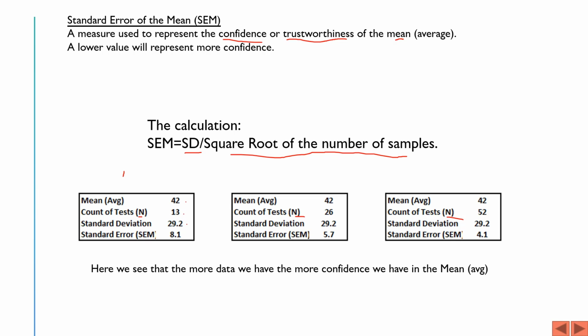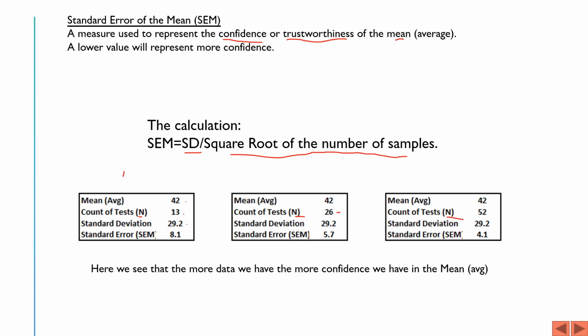The standard deviation calculated out to be 29.2. And when I throw those numbers into the formula, 29.2 divided by the square root of 13, I ended up with 8.1 as my standard error. I took that same data and I doubled it from 13 tests to 26 tests, but it's the same.